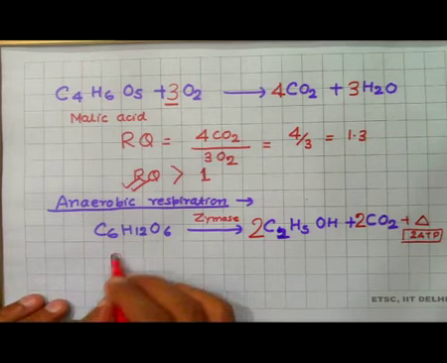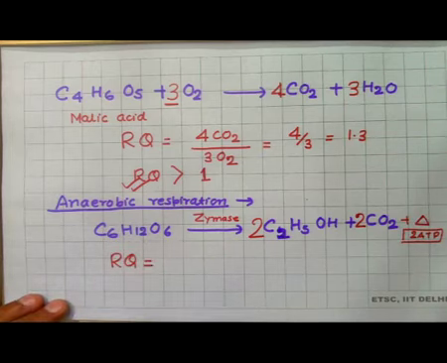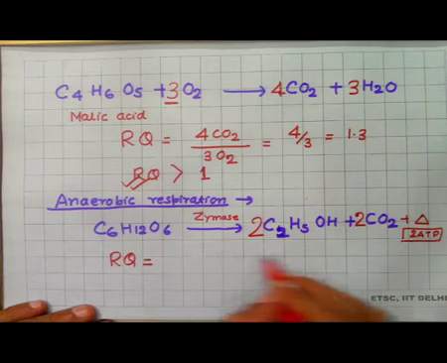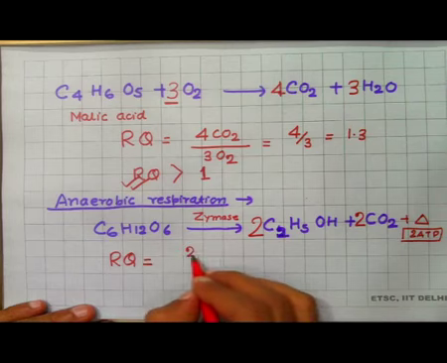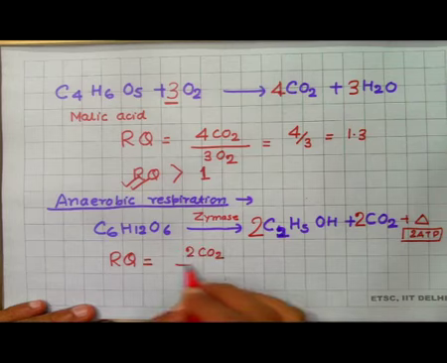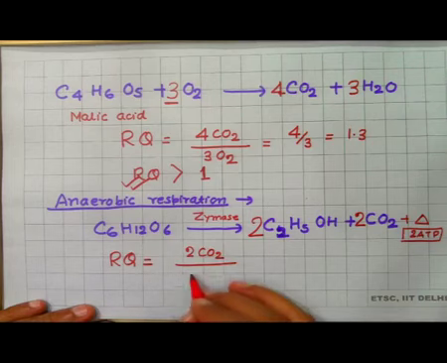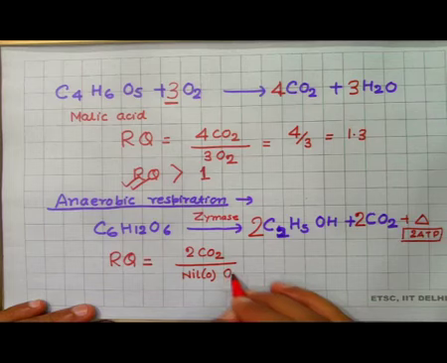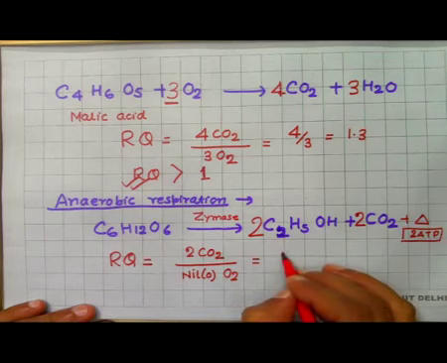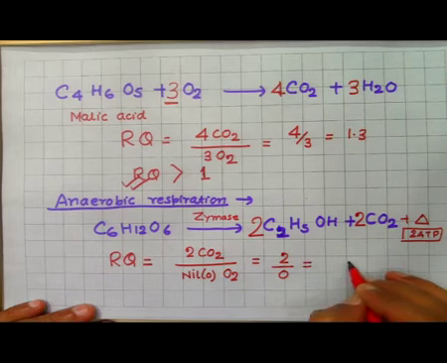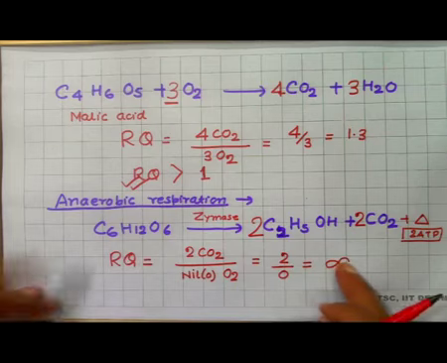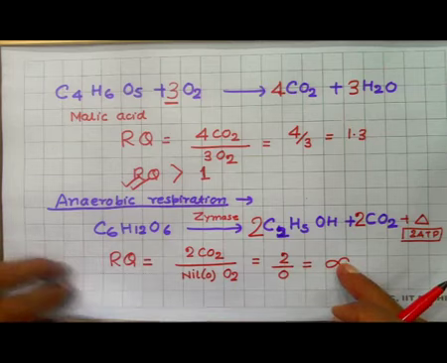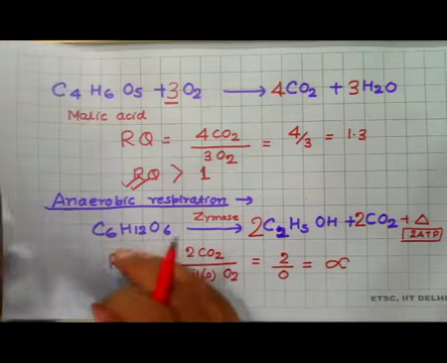Now, what will be the RQ? 2 molecules of CO2 evolved and nil or 0 O2 consumed, that means 2 divided by 0. Anything divided by 0, the result will be infinity. When RQ is infinite, then the reaction is anaerobic respiration.